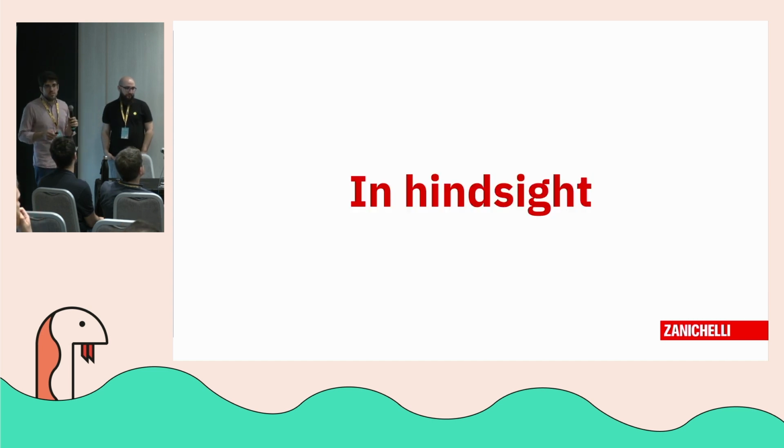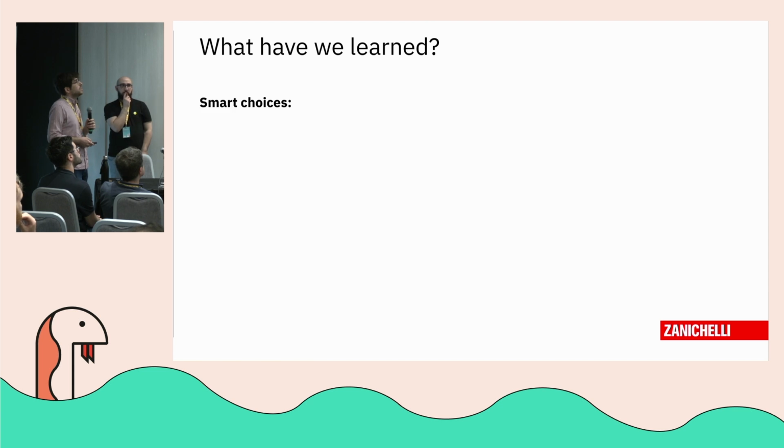Now that you have seen the entire solution, we can also share with you a few thoughts in hindsight. Let's start with the smart choices. We thought using Terraform was a smart choice, even though we didn't talk about it, since we changed the architecture many times.